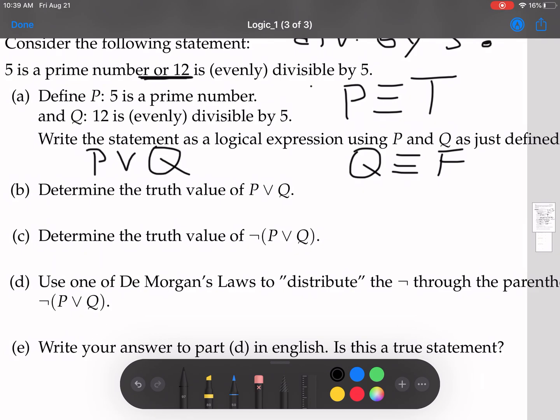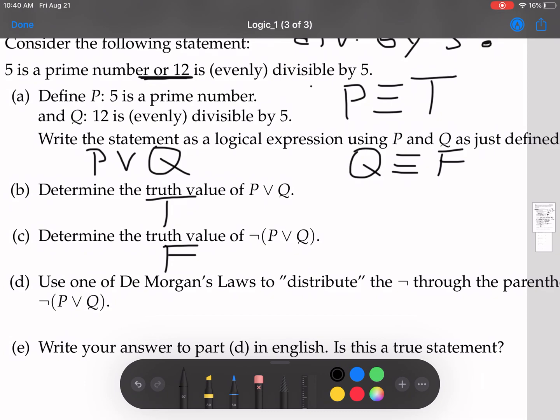That's not true. When you divide 12 by 5, you get a remainder of 2, so it's not evenly divisible. Evenly divisible means your remainder is 0 when you divide. Remember, OR is true when one or the other is true. So P or Q is true, which means its negation must be false.